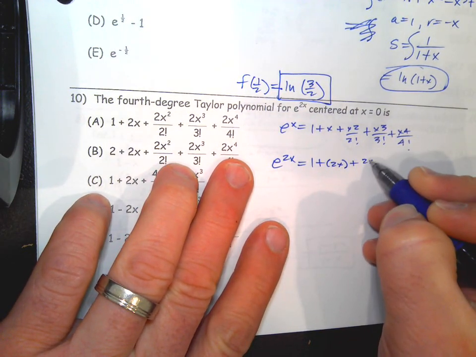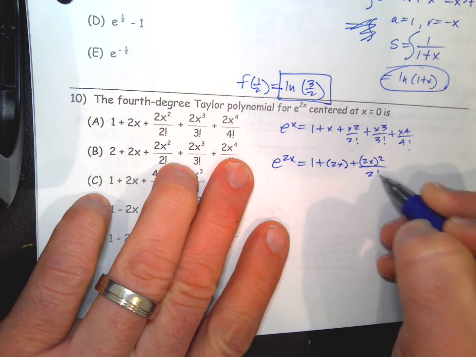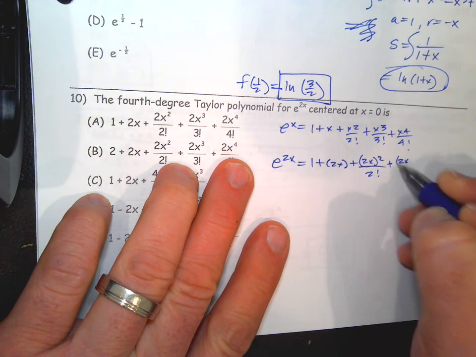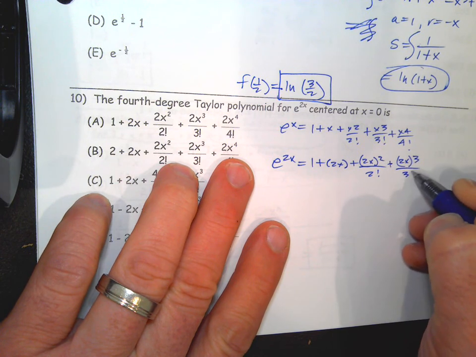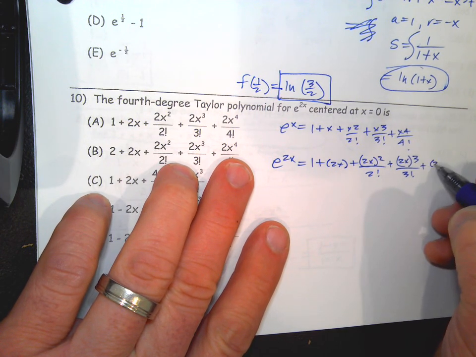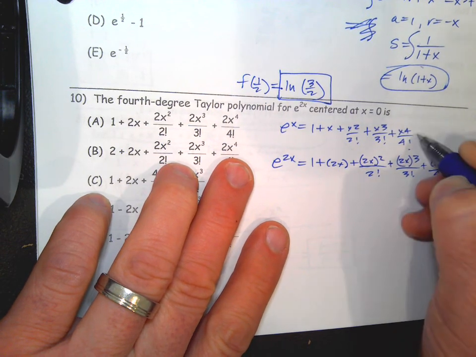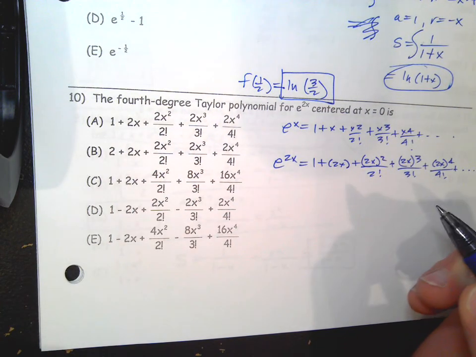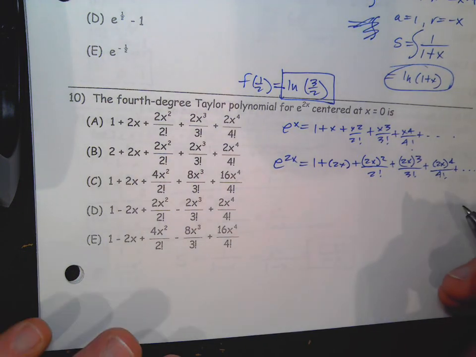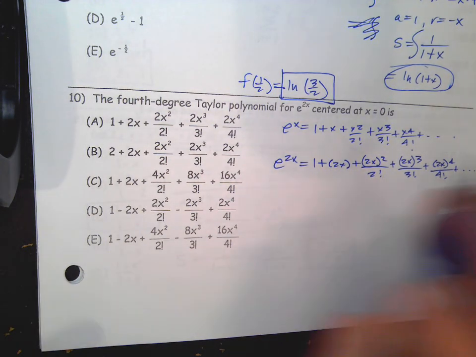But whatever's being done to it has to be taken into account and applied to the 2x. So we can crank these out. I mean, the alternative is taking all the derivatives of e to the 2x, which isn't hard, it's just tedious.